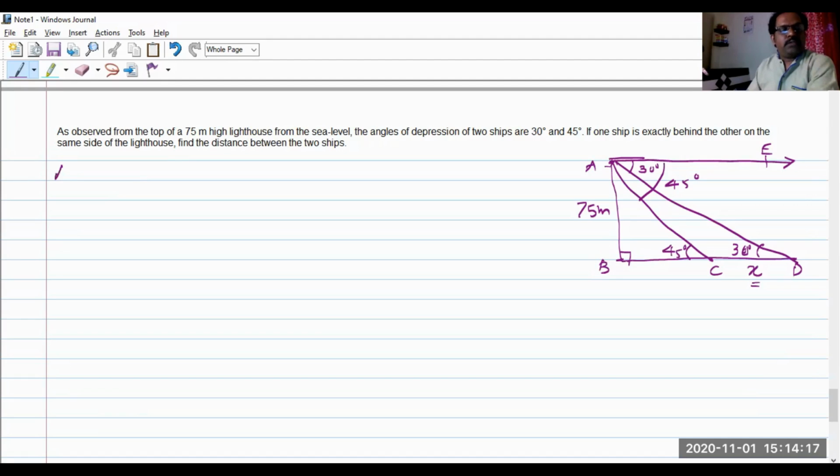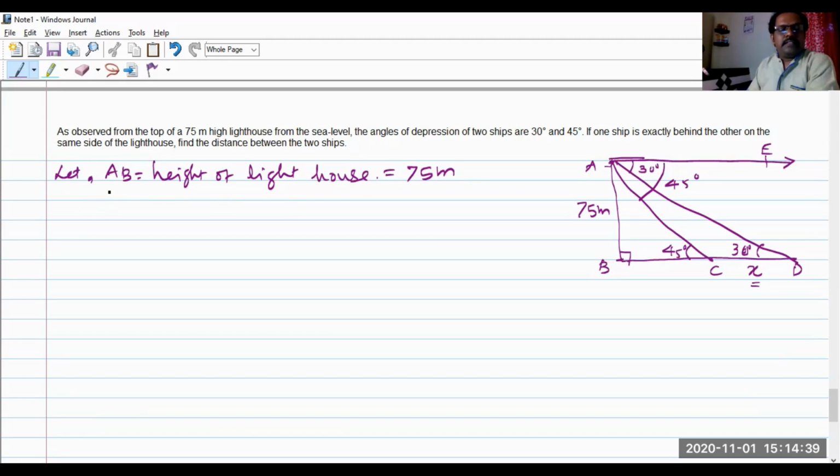So first note the notations here. Let AB be the height of the lighthouse in the sea. It is given as 75 meters. Write it first. After that you are given the angles of depression.